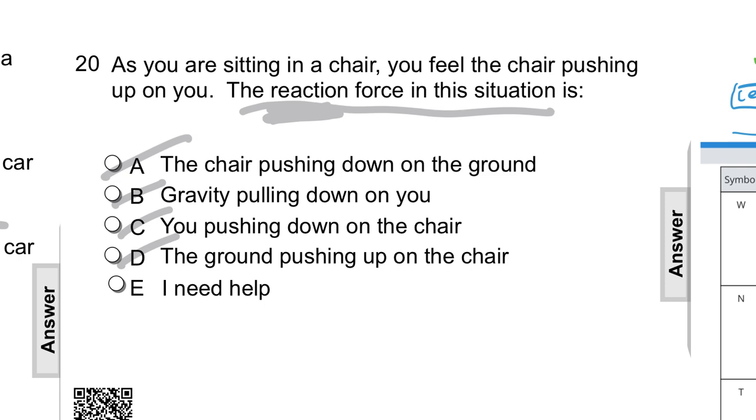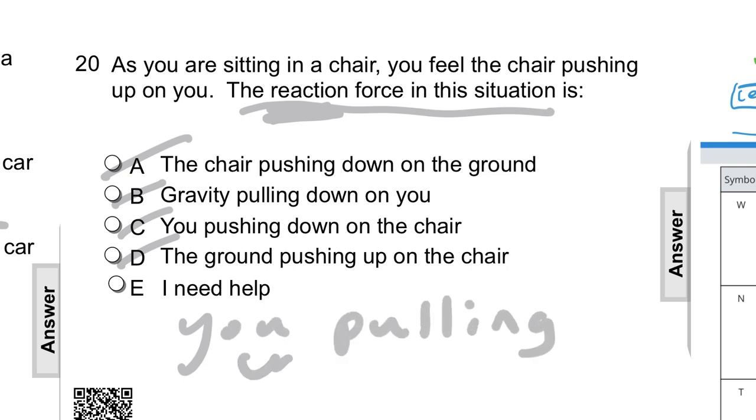The reaction force is me pulling up on the Earth. So the best answer would be you pulling up on the Earth. Now, because I'm pulling up on the Earth, the chair gets in the way.